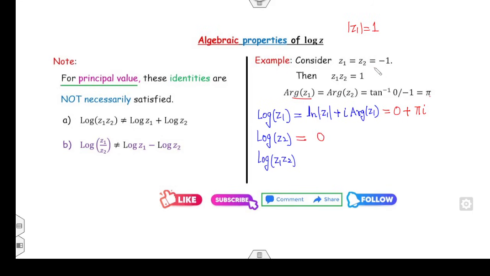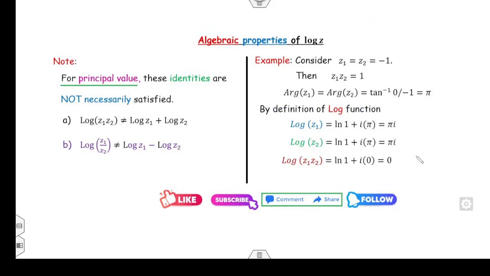Similarly, the modulus of z2 is 1, the argument is pi, so the second answer is again pi iota. The third answer is 0, since the argument is 0. Fine. And clearly 0 is not equal to pi iota plus pi iota. Therefore, the first condition does not hold.